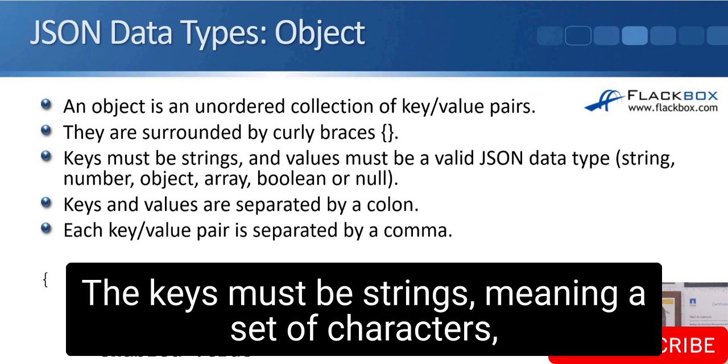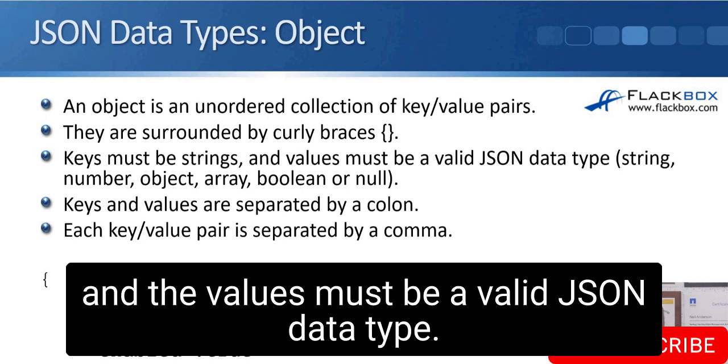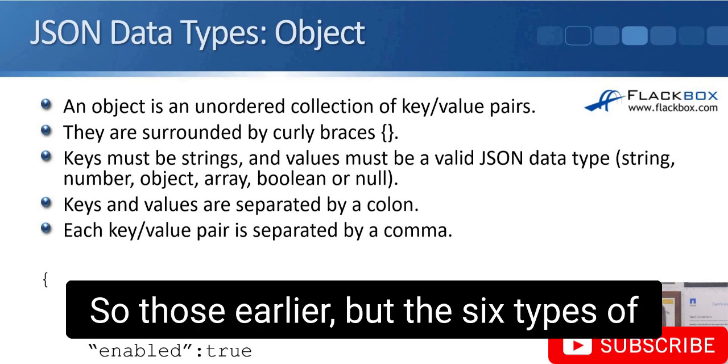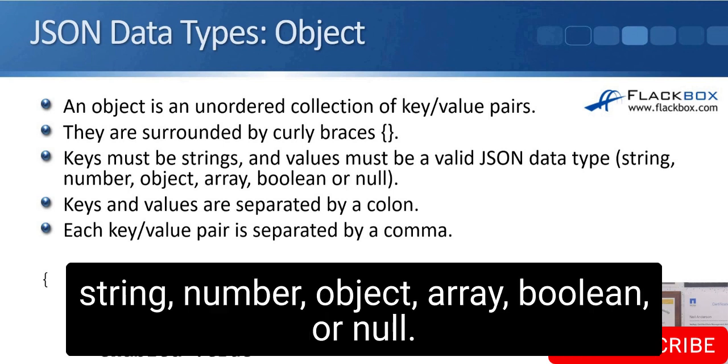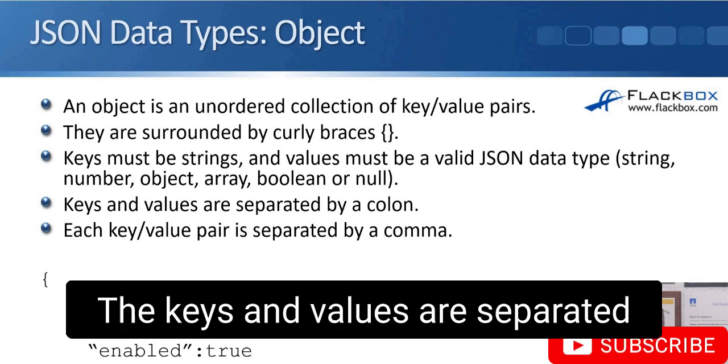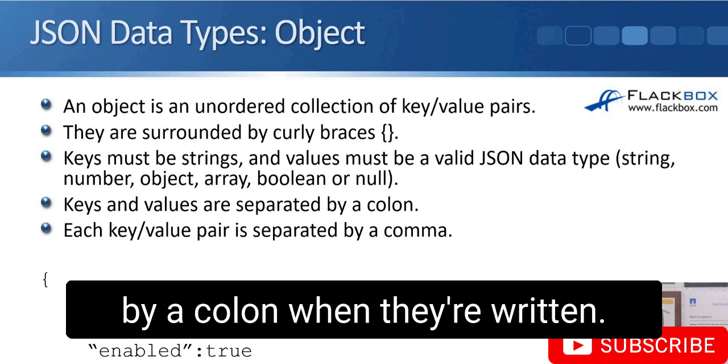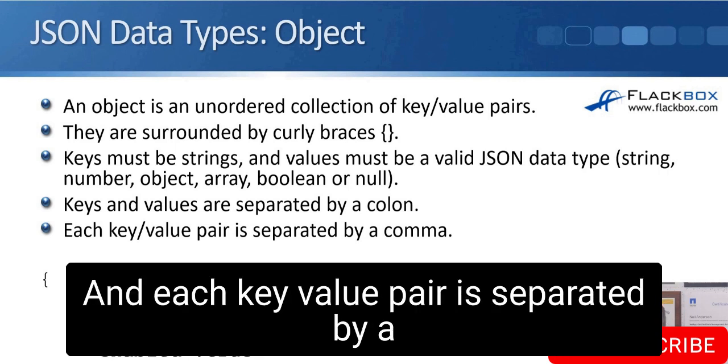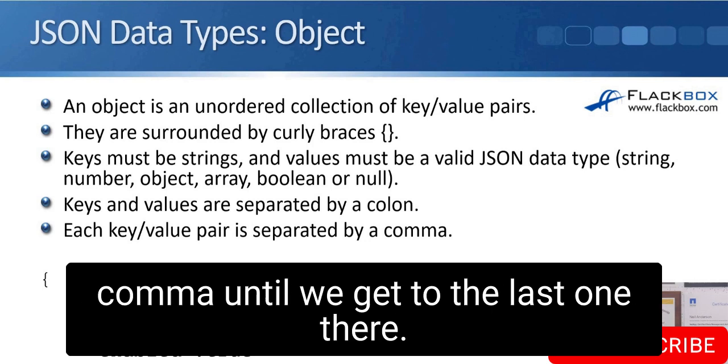The keys must be strings, meaning a set of characters, and the values must be a valid JSON data type. You saw those earlier. It's the 6 types of string, number, object, array, boolean, or null. The keys and values are separated by a colon when they're written, and each key value pair is separated by a comma until we get to the last one there.